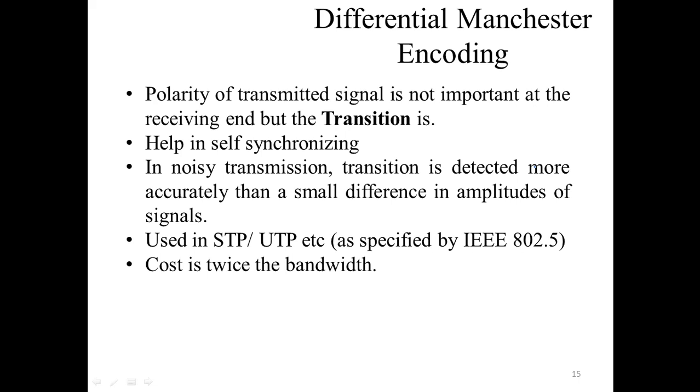Differential Manchester coding is almost the same, but it is a slightly modified version of the Manchester coding technique. In this technique, the polarity of the transmitted signal is not important at the receiving end, but at the transmission end. So this helps in self-synchronizing.